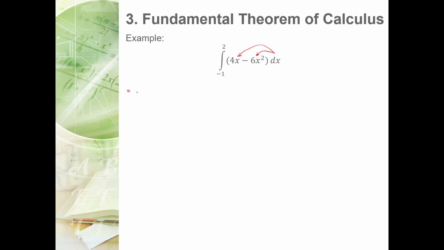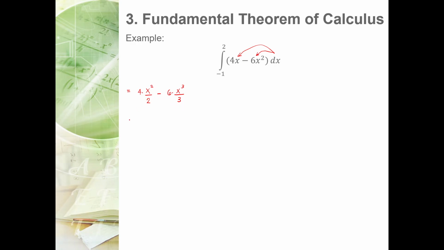We don't apply the property anymore because we are now advanced in analyzing the integrals of each term, so we can do a bit of a shortcut in getting the integrals. The first one is 4 times x squared over 2. That will be the first term. And then minus the integral of the second term, that will be 6 times x cubed over 3.